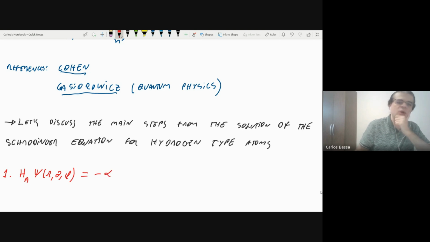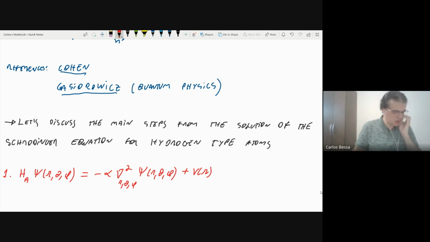Is this not using alpha? I think, yeah, we can use alpha: alpha squared nabla squared in spherical coordinates r, theta, phi applied to psi of r, theta, phi, plus the potential, which could be the Coulomb potential V of r, times psi of r, theta, phi, equals the energy of the system times psi of r, theta, phi.